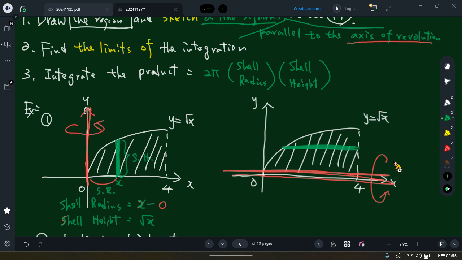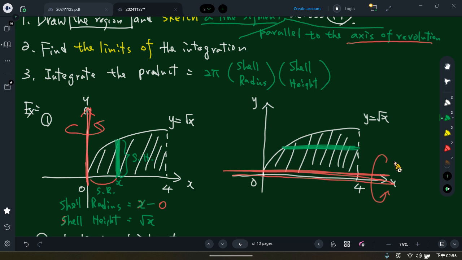If you want to use shear method, remember the line segment should be parallel to the axis of revolution. But if your line segment is perpendicular to your axis of revolution, it will be this, the washer method.